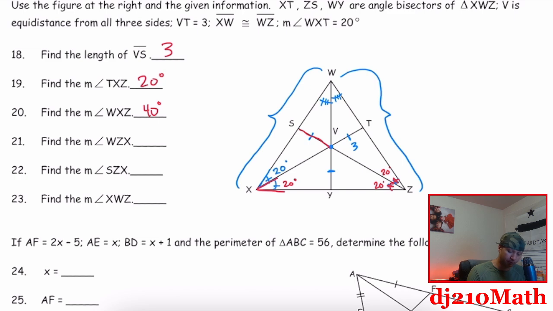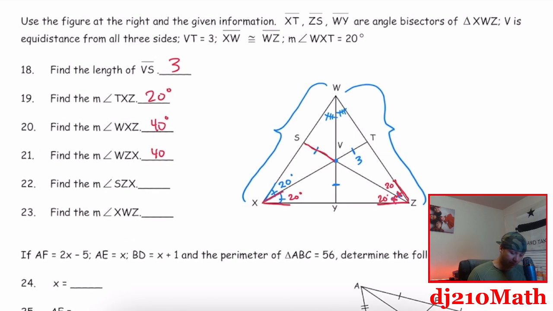So if the sides are congruent, there's a lot of symmetrical things happening. So WZX is going to be 40. That's the whole angle, WZX. SZX. Okay, that's 20. I'll do it in green. S, Z, and X. So that's 20 degrees.